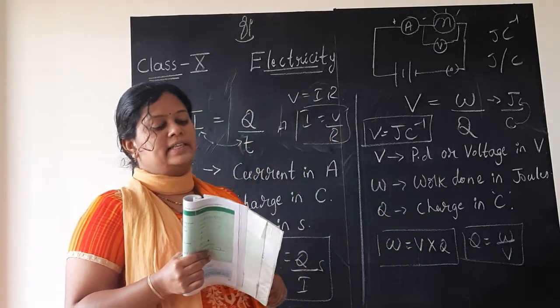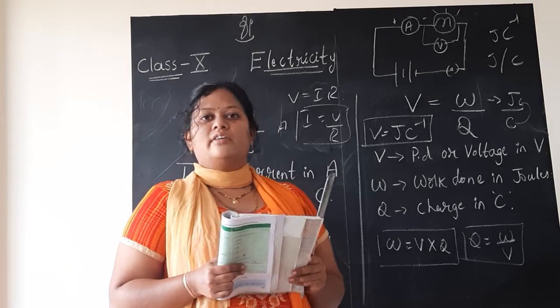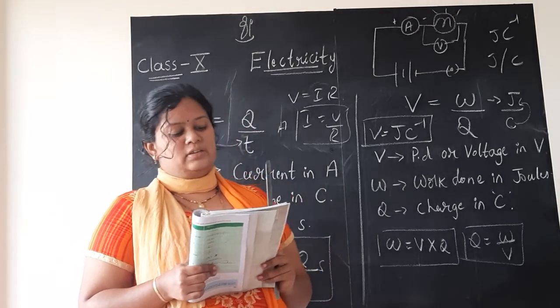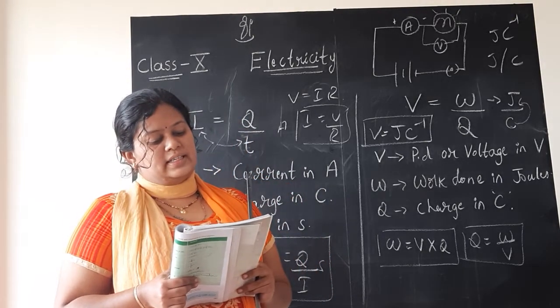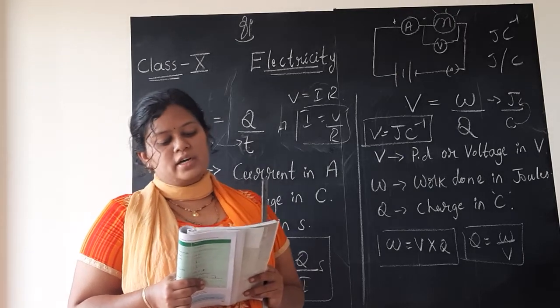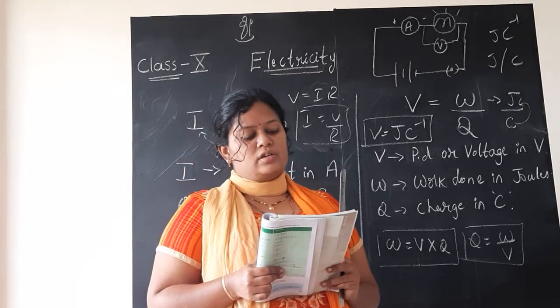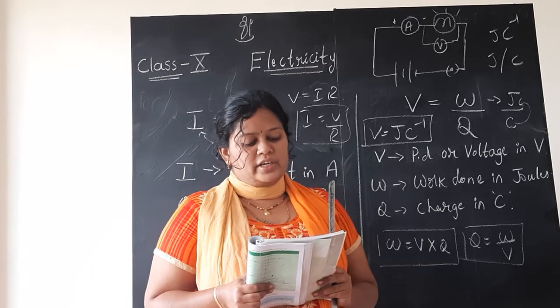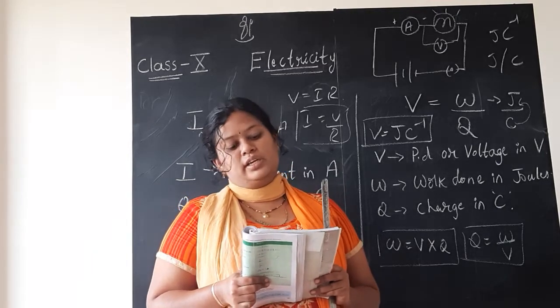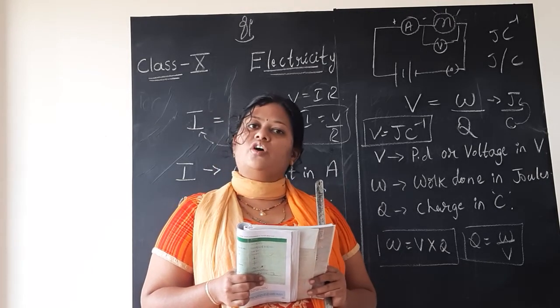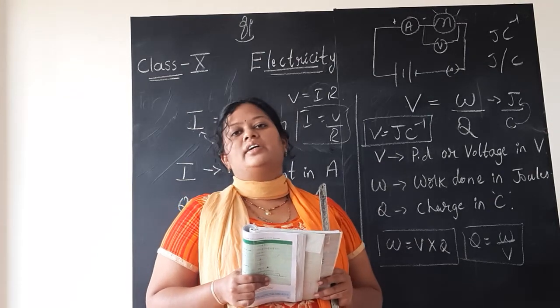Next, you have one example problem based on this formula which we should solve now. Very easy question. How much work is done in moving a charge of 2 coulomb across 2 points having a potential difference of 12 volts? The first step in solving the problem is writing the given data.